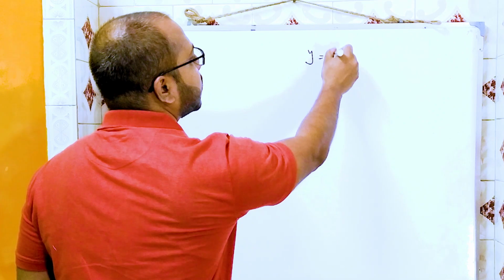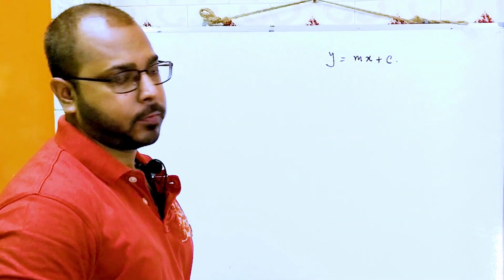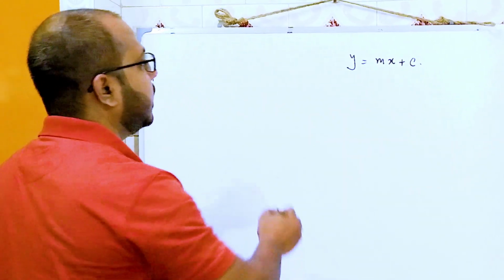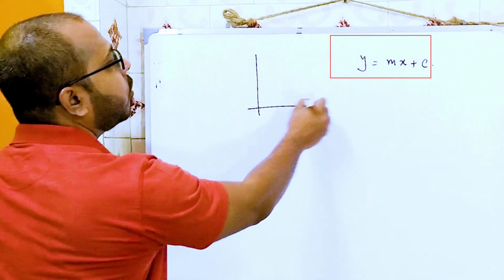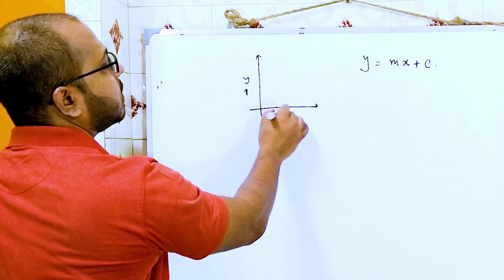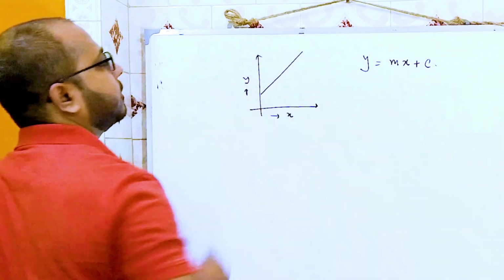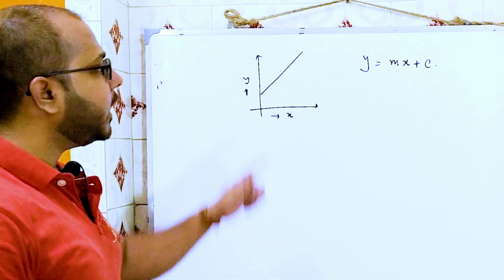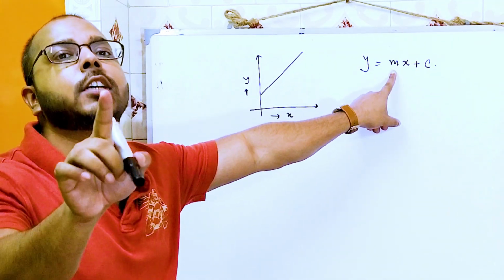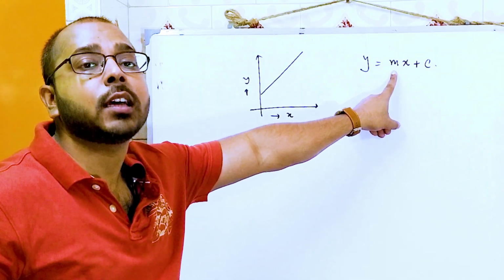Straight line equation: y equals mx plus c. The straight line will look like this, with the y-axis and x-axis. In y equals mx plus c, m is known as the slope, or tan theta.